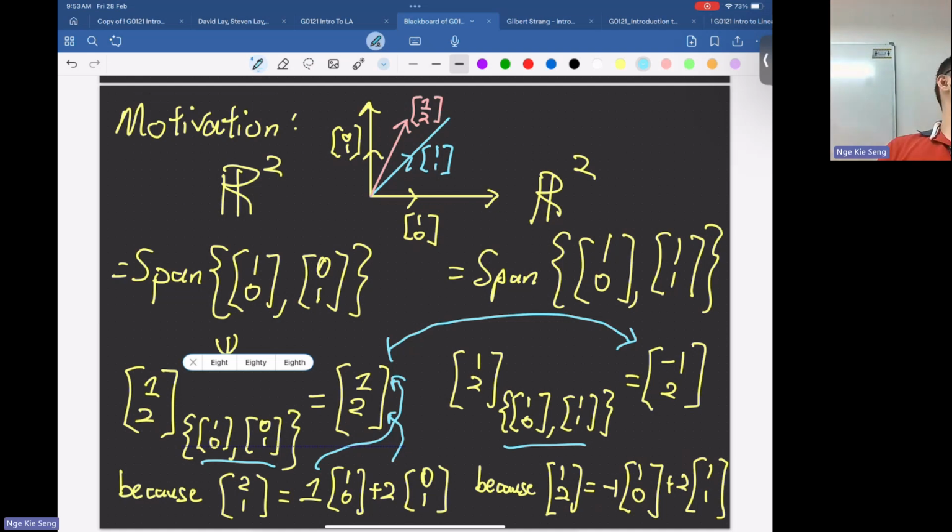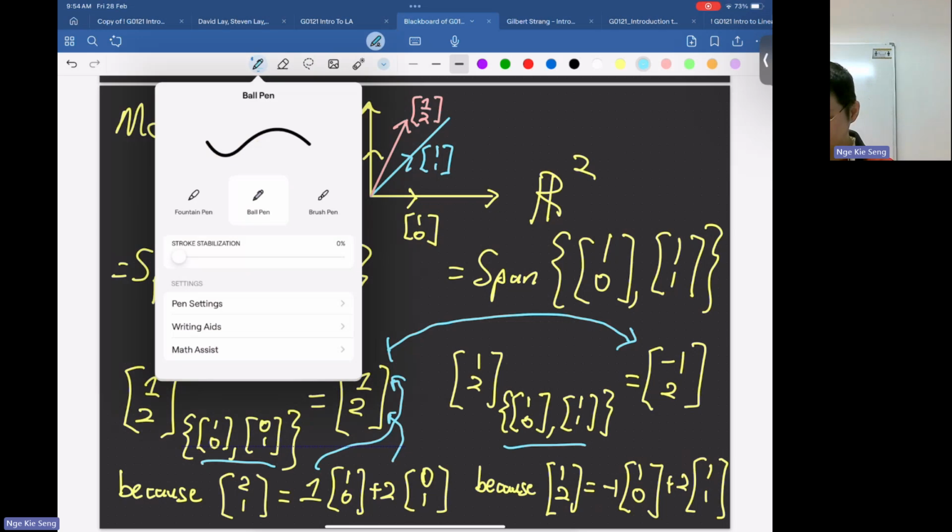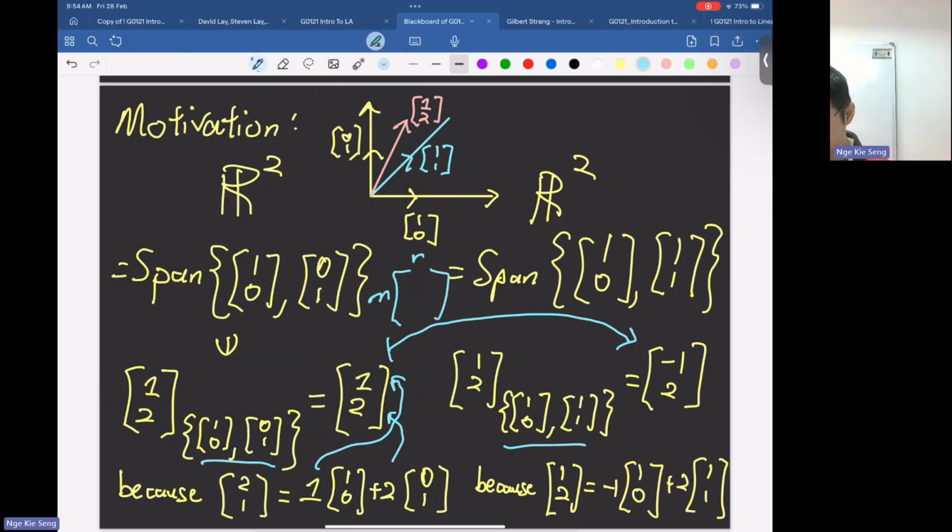What's the size, what m, what n? Multiply 2 times 1 equals 2 times 1. 2 times 2. So you need a 2 times 2 matrix here. Is it possible or not to cook up a 2 times 2 matrix here?